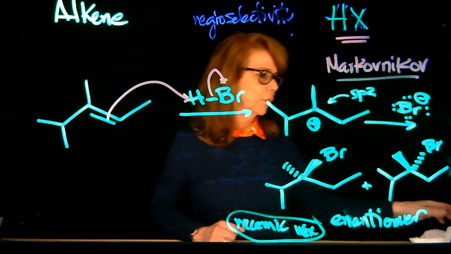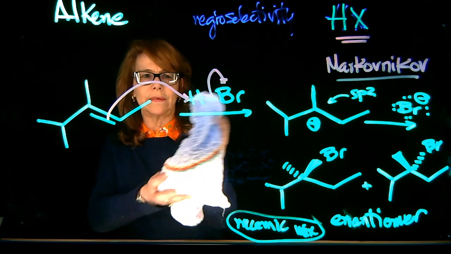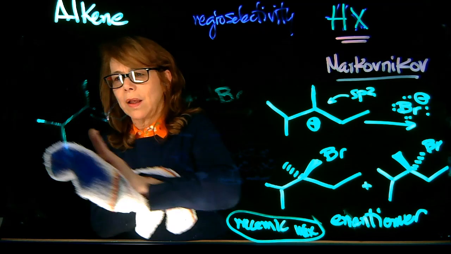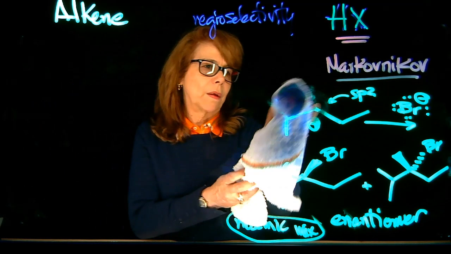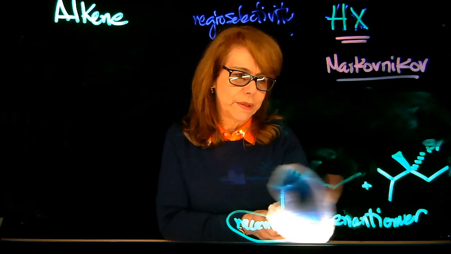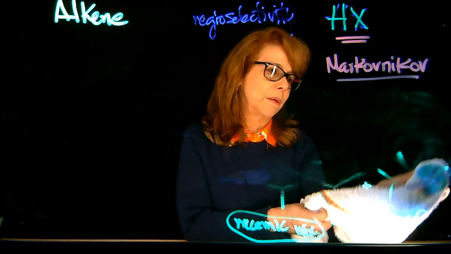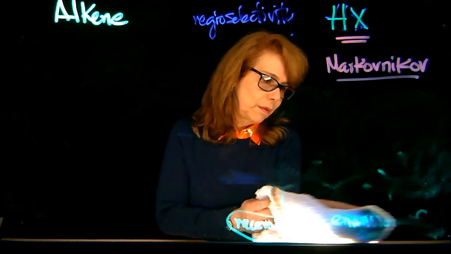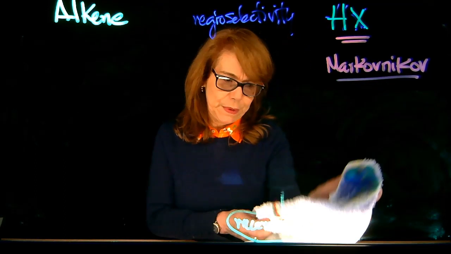Now I'm going to do one more example with a structure that's somewhat similar, but we're going to see another important factor that we need to keep in mind when we are producing carbocation intermediates.